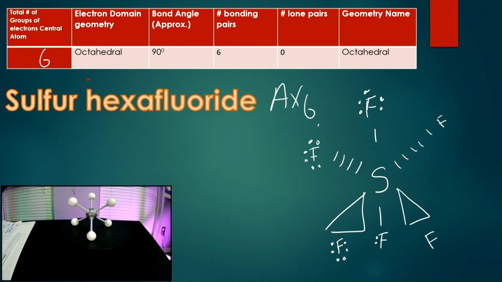So obviously it takes a little bit longer when you have 6 fluorines on the outside. So make sure that you are checking. Make sure they're separate. Okay, so that is a molecule of sulfur hexafluoride, and our bond angles are going to be 90 degrees.